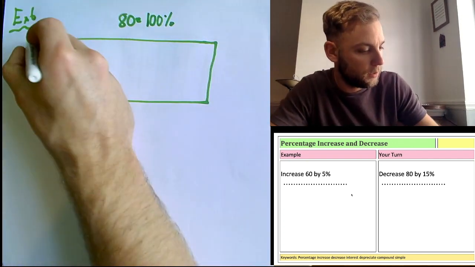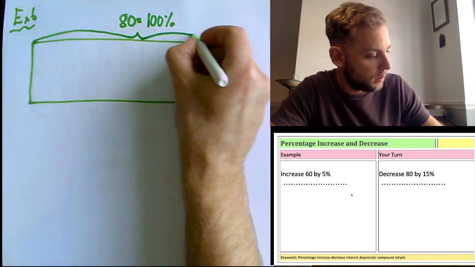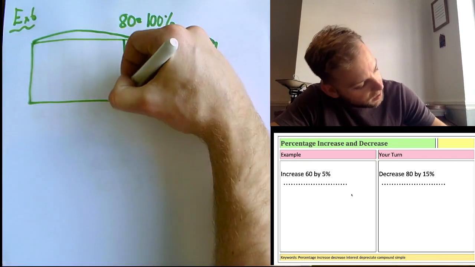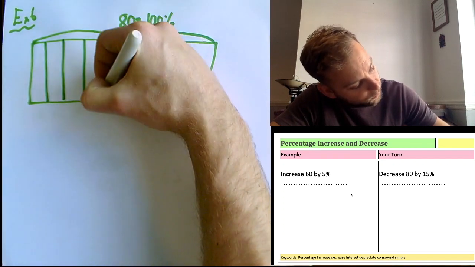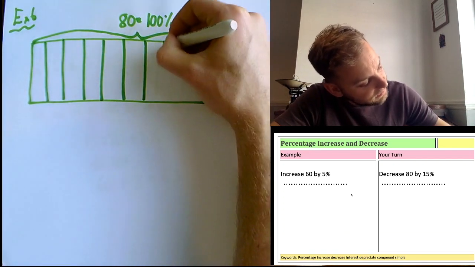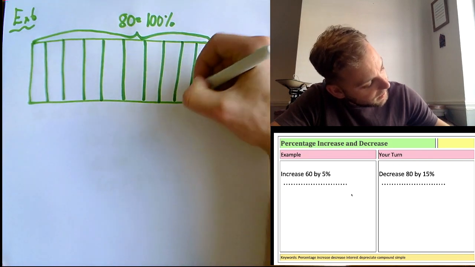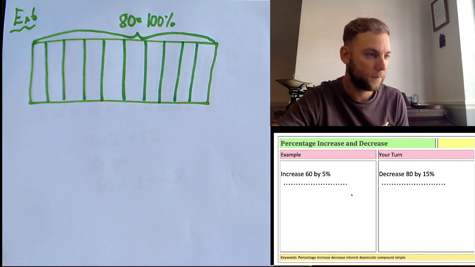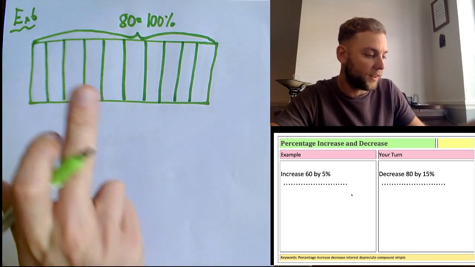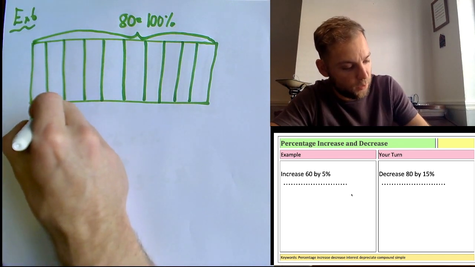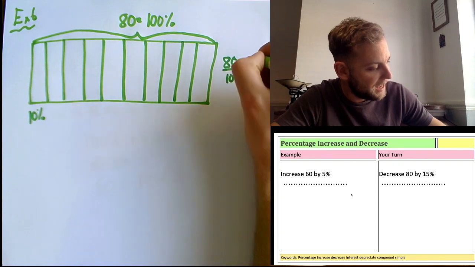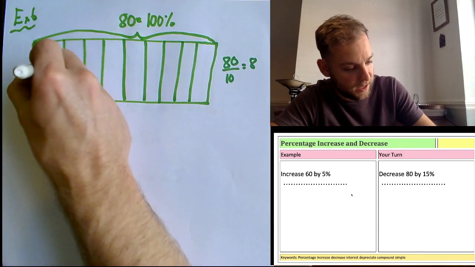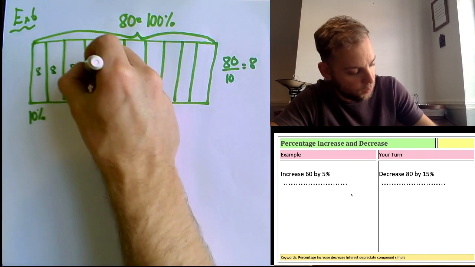That's my starting point. I split it in half, and I've got 1, 2, 3, 4, 5, 6, 7, 8, 9, 10. First of all, I've got to find out what each of these 10% are worth by doing 80 divided by 10, which is equal to 8. So each of these now are worth 8.